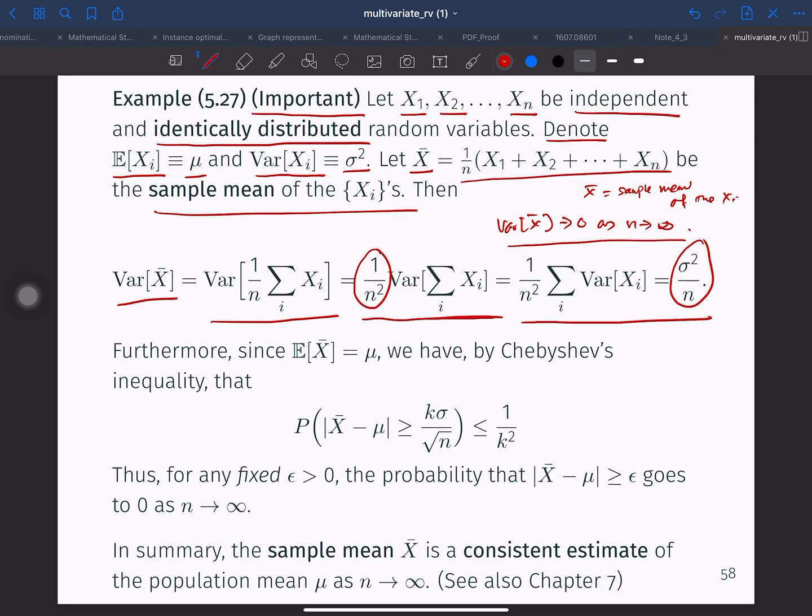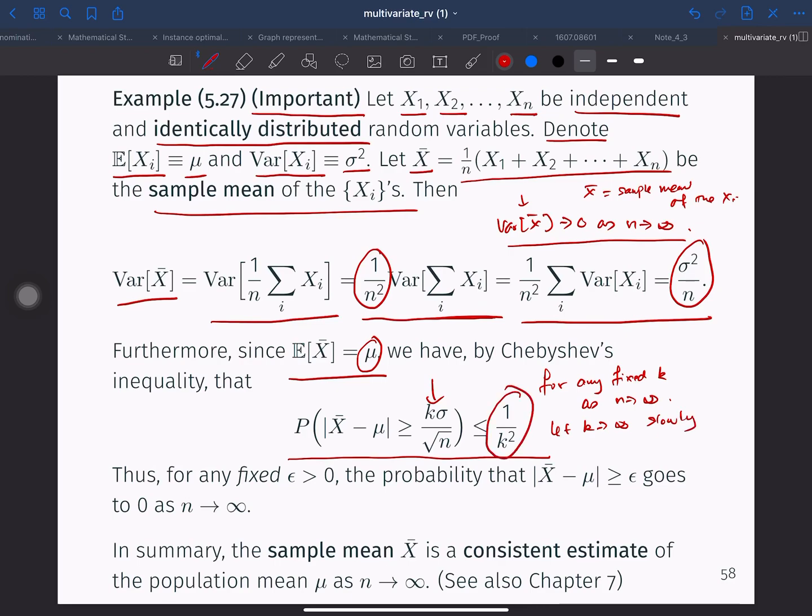The more samples you have, the smaller the variance of the sample mean. Because the expected value of the sample mean is easily shown to be the same as the true mean, Chebyshev's inequality says this. And so as we see, for any fixed k, as n goes to infinity, this will always be true. And so you can then let k go to infinity slowly, in which case you will have a probability that goes to 0 as k increases.